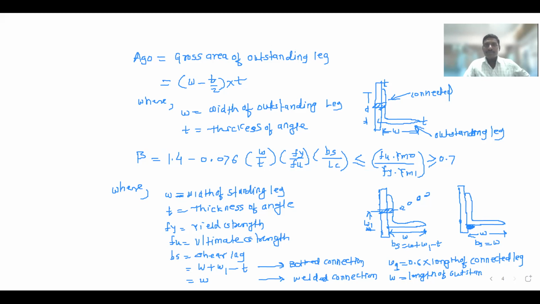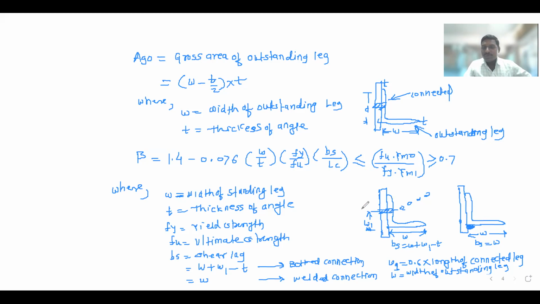So we have to calculate W, and W is the width of the outstanding leg, and W1 is 0.6 into the length of connected leg.